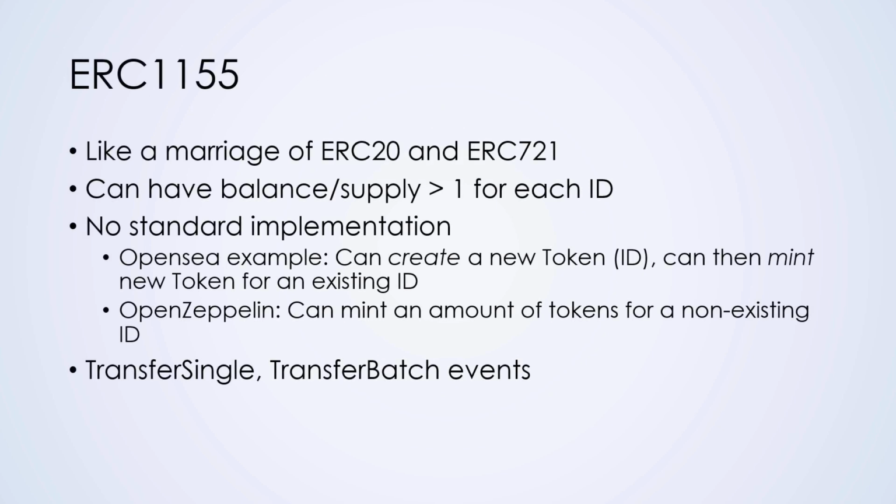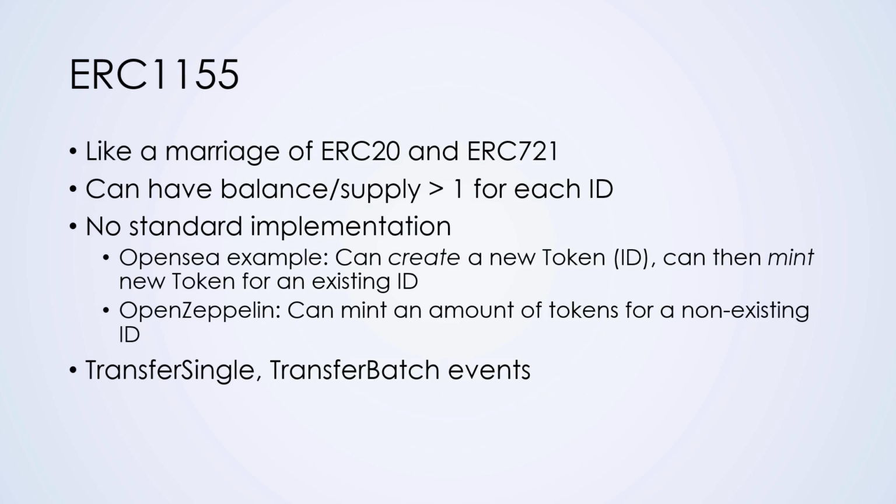Now, the ERC1155 token standard came out because it was necessary to have more than one token with a specific ID. And that is like marrying the ERC20 token standard with the ERC721 token standard. Now, an ID can have a balance or a supply. There is no standard implementation. That's a big problem.